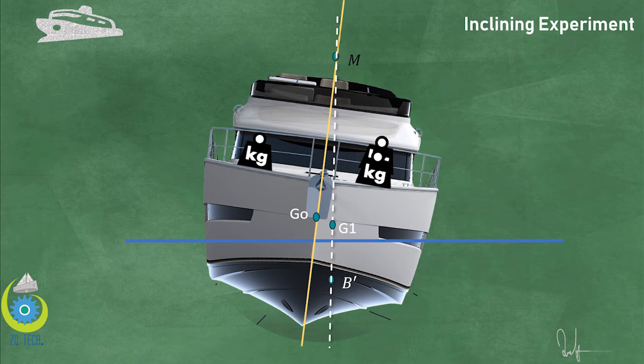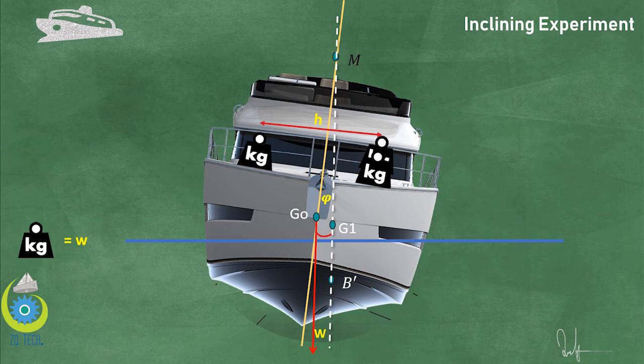M is the metacenter. H is the distance up to which the inclined weight is moved. Phi is the angle of heel. And that is the weight of the ship, capital W, acting downward. We will take the inclined weight as small w.